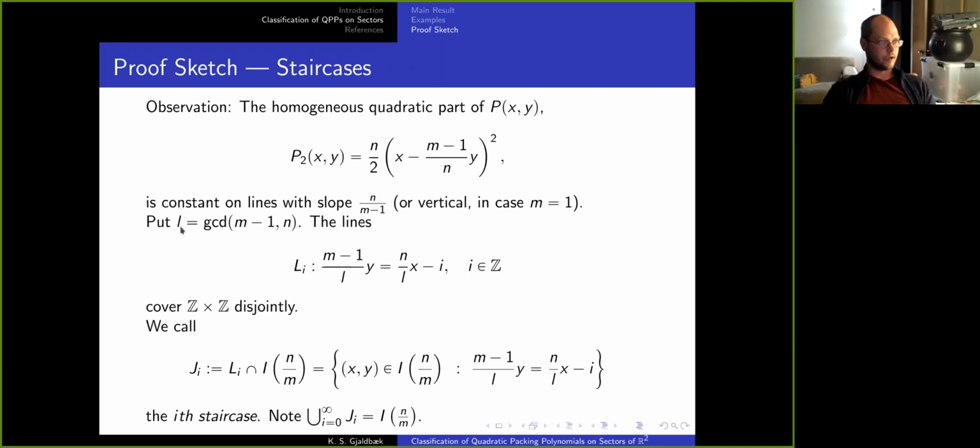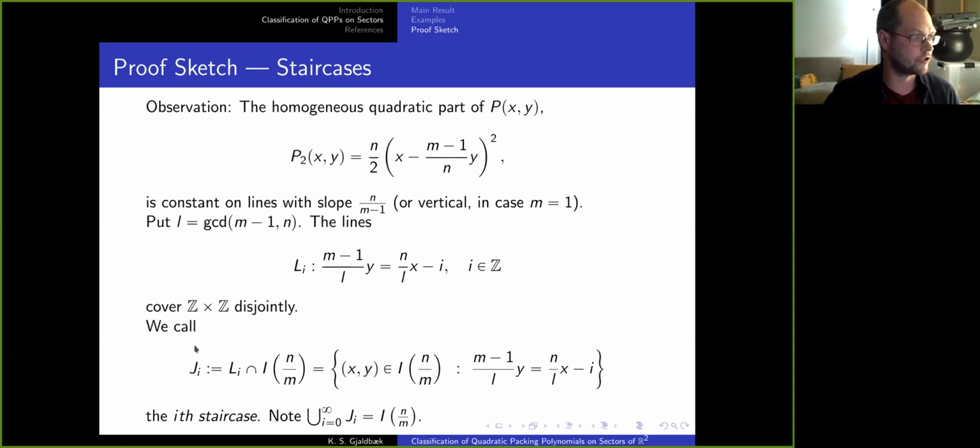If we factor out the greatest common divisor, then we can chop up the lattice into points that lie on straight lines, so each lattice point will be on one of these lines for some unique i.